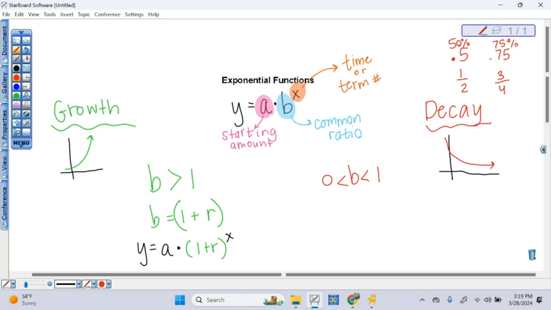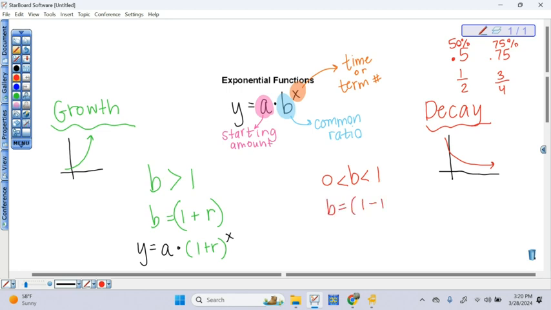75%. Good. So these growth and decay rates usually involve some sort of percentage. When we're looking at growth, we're adding that decimal or fraction or percent onto 1, so the value of B is greater than 1. But for decay, what do we do to find B?